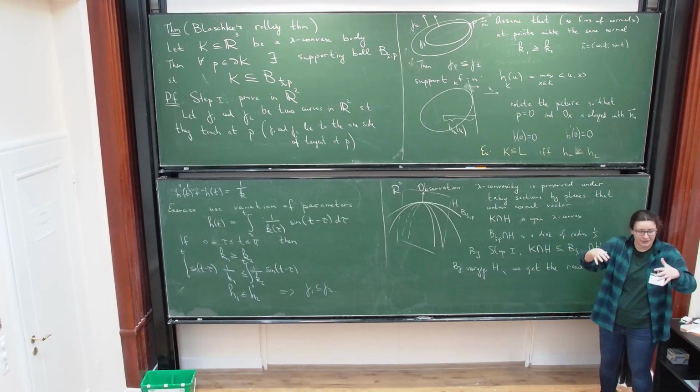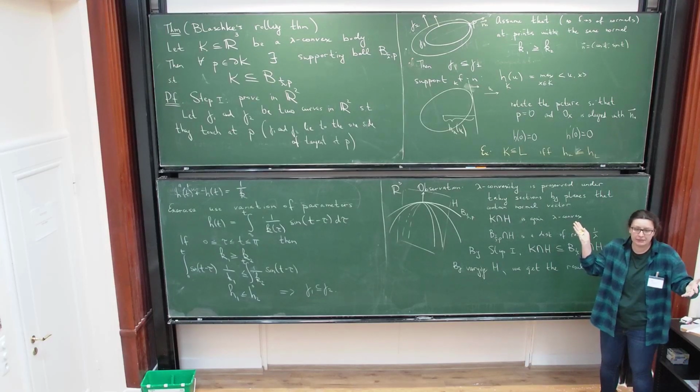So if I can approximate the general lambda convex body with an intersection of balls, I can deal with the intersection of balls first, hope to get the result there, and then extend it to general bodies by approximation.